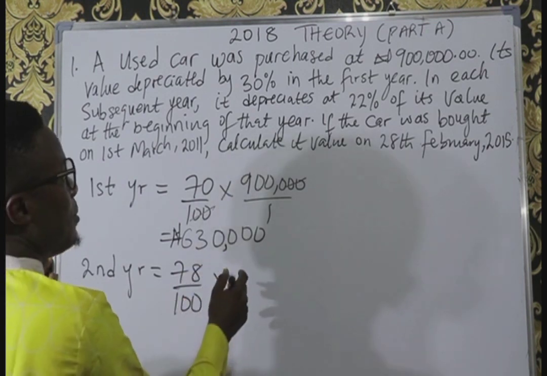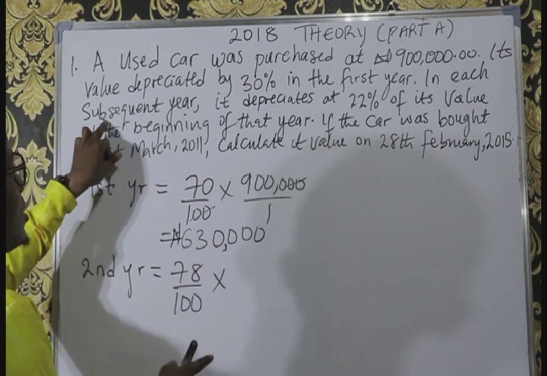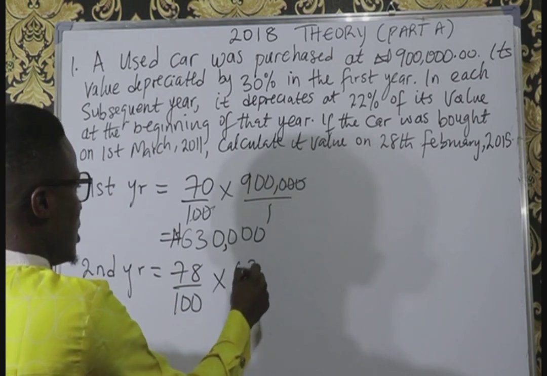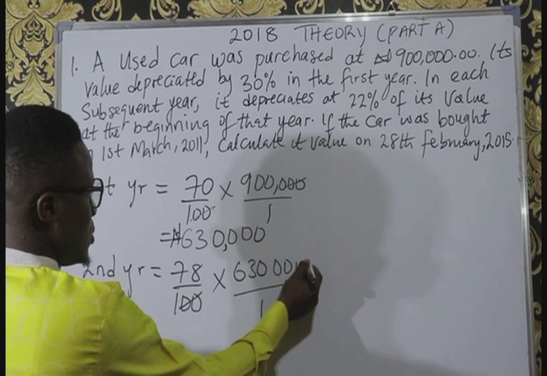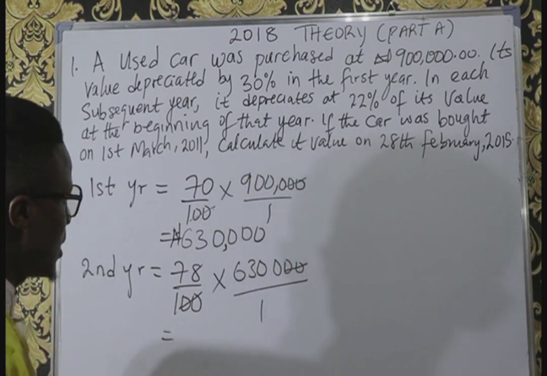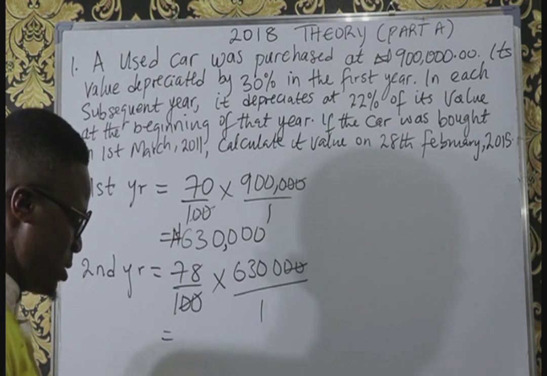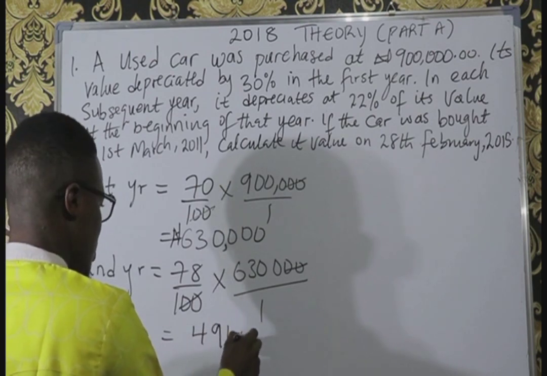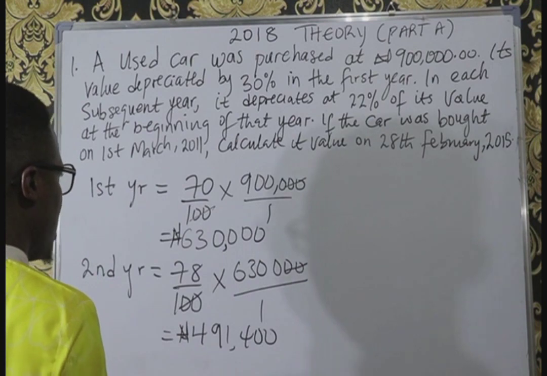Then multiplied by 630,000 naira because they say in each subsequent year. So we have 630,000 all over 1. We cancel the zeros. So we are left with 78 multiplied by 6,300. 78 times 6,300 will give us 491,400 naira.